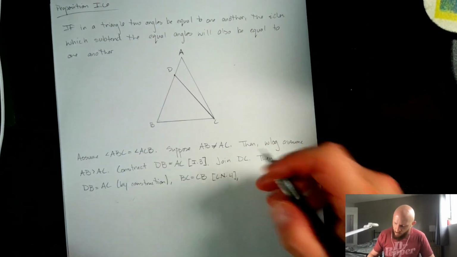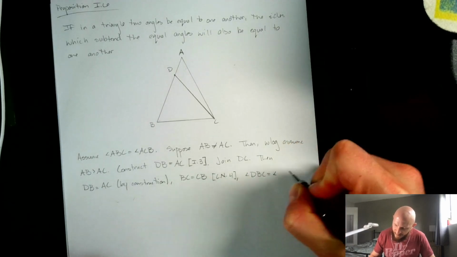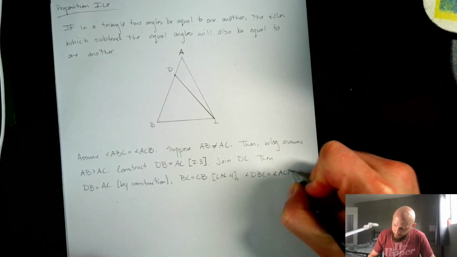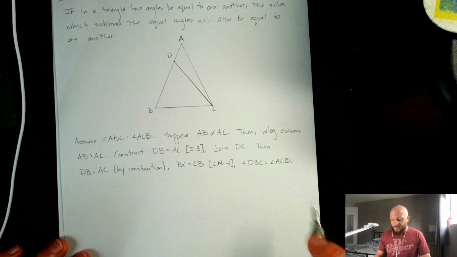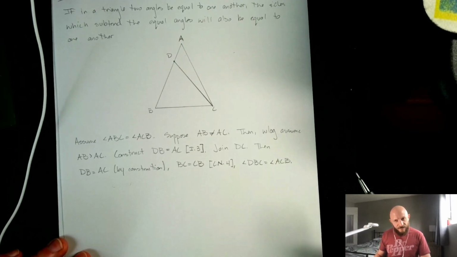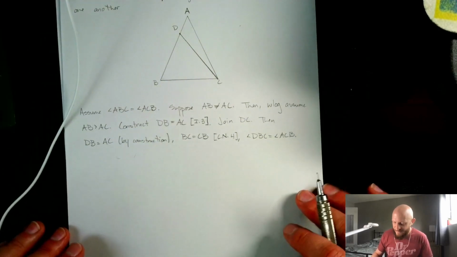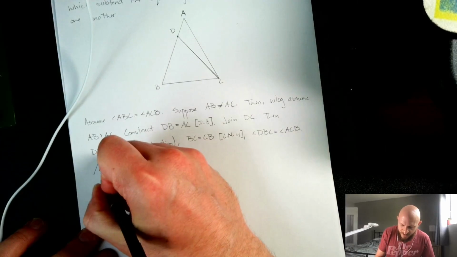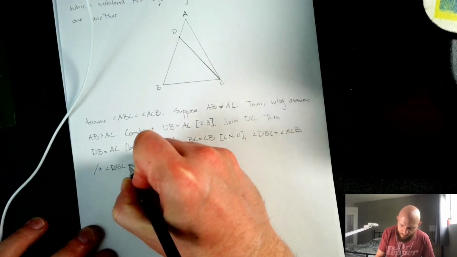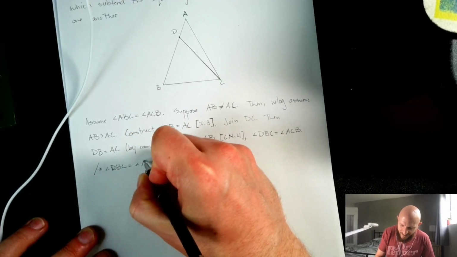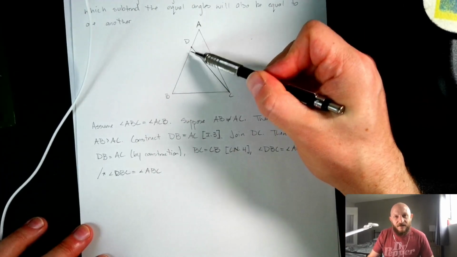And also, we know that angle DBC equals angle ACB. Euclid just kind of states this fact. I feel that there could be a little bit of justification tossed in there, because the justification is this: angle DBC is angle ABC, because D is placed on AB.